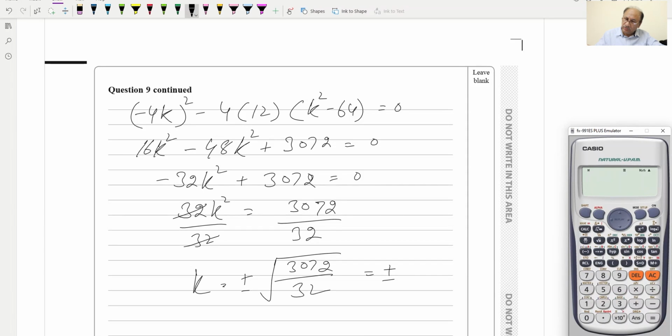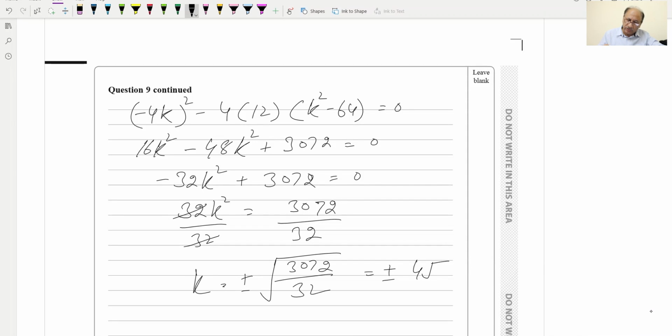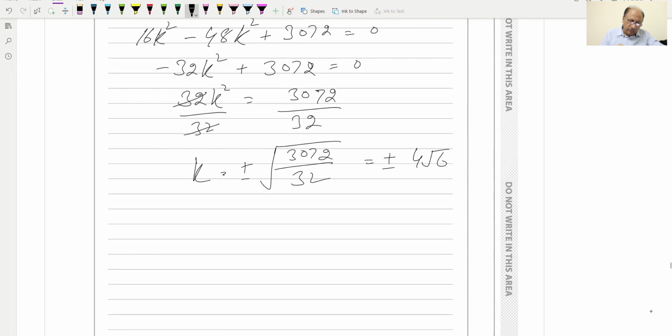If we take the root of the fraction, 3072 divided by 32 is equal to 4 root 6, so plus minus 4 root 6. This will be the k value, so the negative side will be minus 4 root 6, and the positive value will be 4 root 6, and this will be the range which we found.